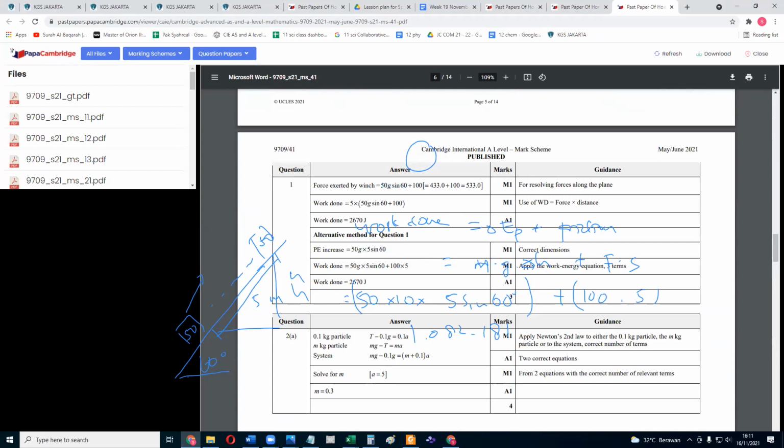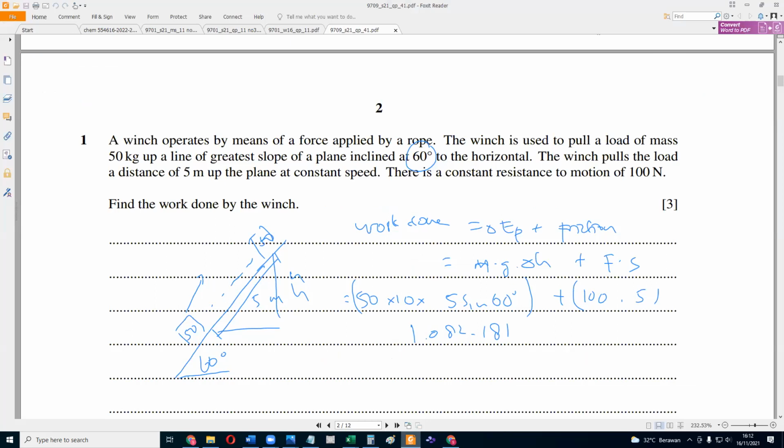Never mind. So 50 times g times 5 sin 60, plus 100 times 5. That's it. Apply the work energy equation. We're using the second item here using the work only: mass times gravity times 5 sin 60 plus 100 times 5. 5 is the distance that we move.